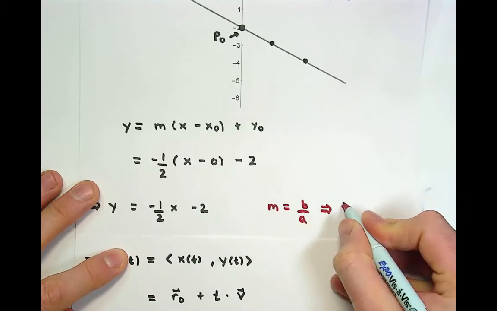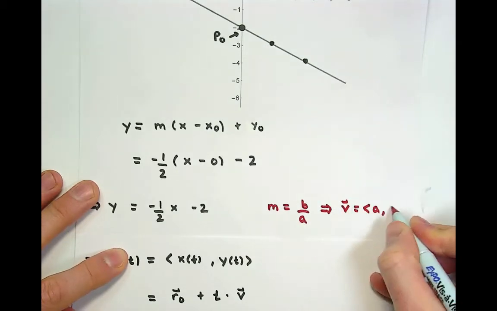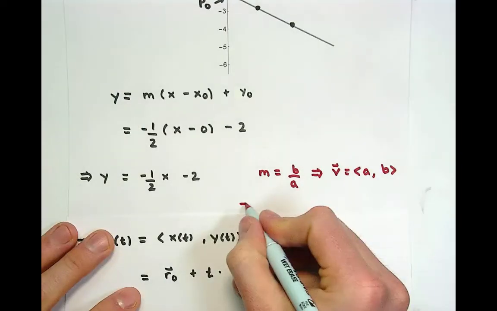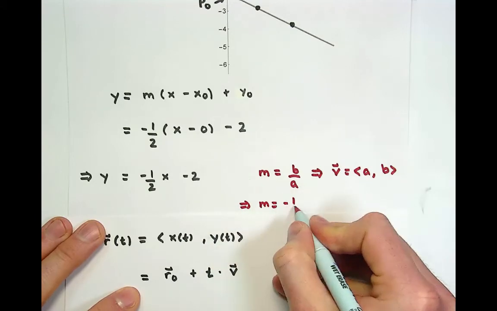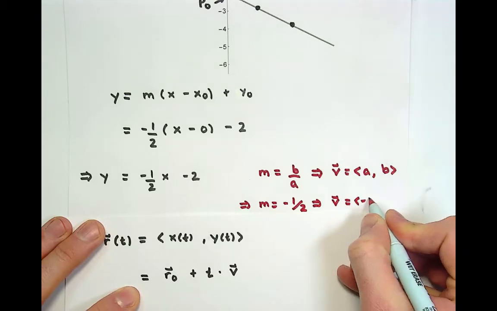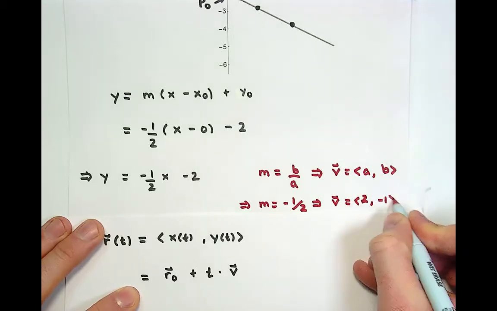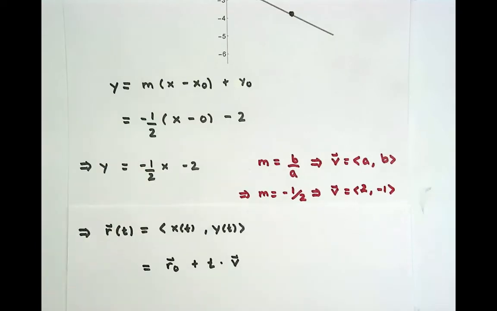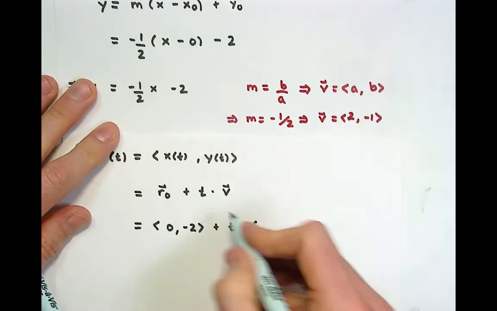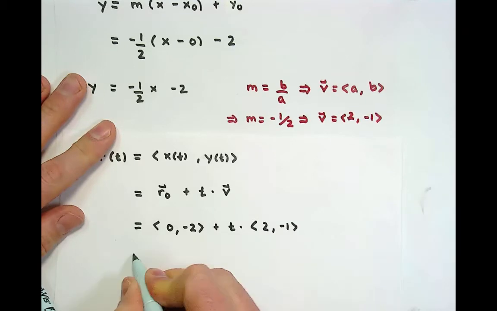We saw that this corresponds to the direction vector a units in x, b units in y, which means in our case, when we have m equal to -1/2, v would be (2, -1). You see it? So (2, -1). And then the point on the line would be the same point that we started with, which was (0, -2) plus t outside of (2, -1).